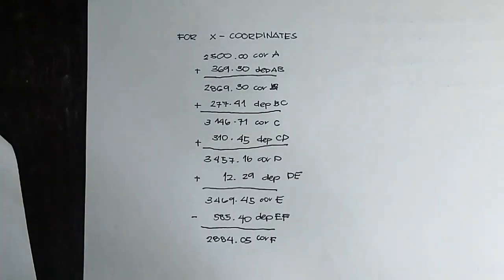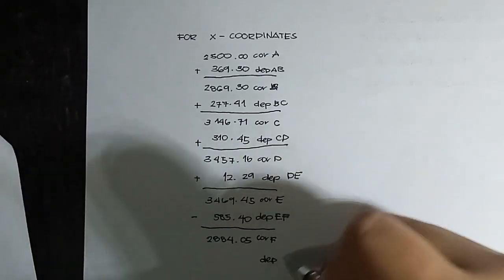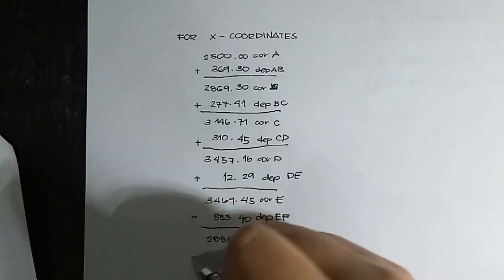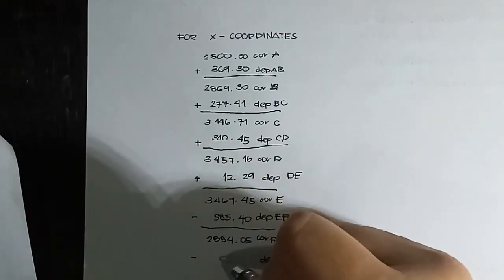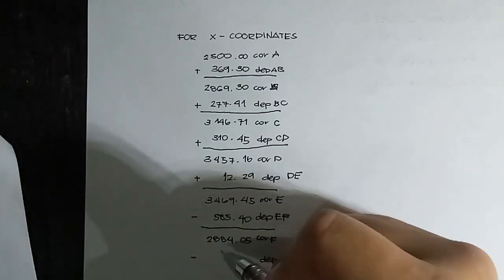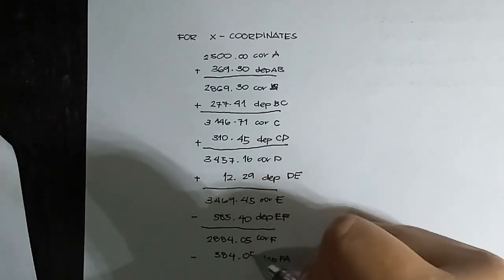Next, makikita natin na to west ulit yung departure ng FA. So, isusubtract ulit natin siya. Bale, 2,884.05 minus 384.05.